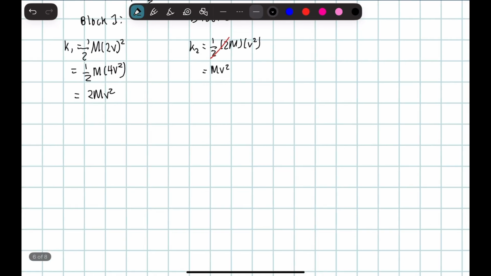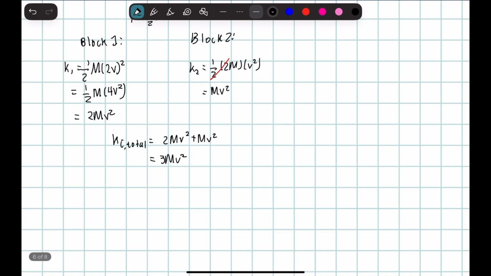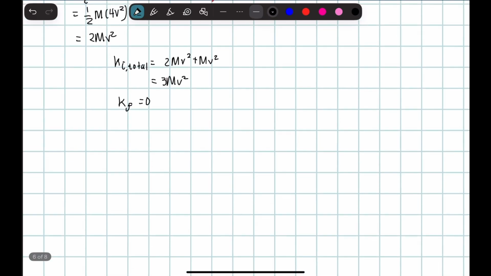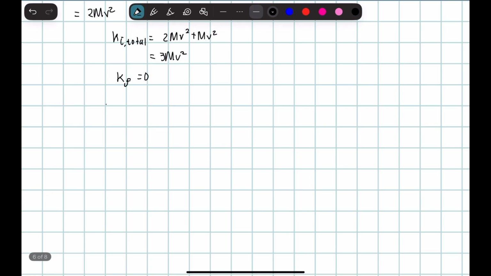Now the total initial kinetic energy is going to be equal to 2mv squared plus mv squared, which equals 3mv squared. And we know that the final kinetic energy is equal to 0, right? Then we can find the mechanical energy loss.